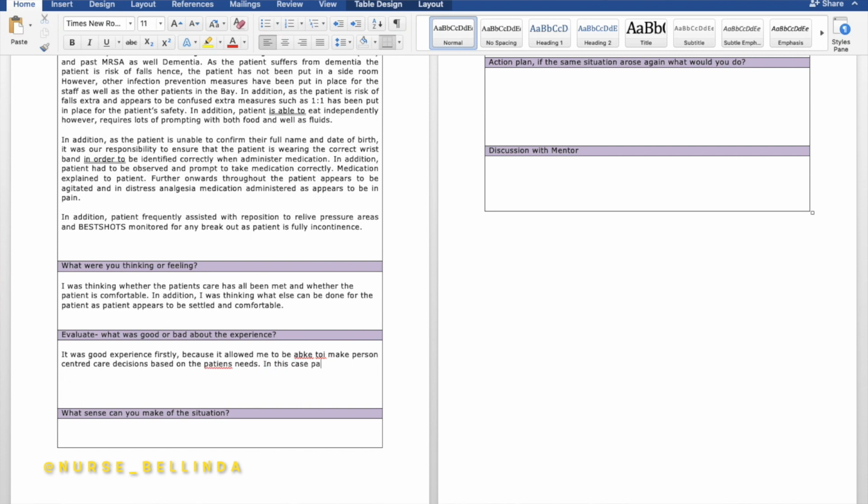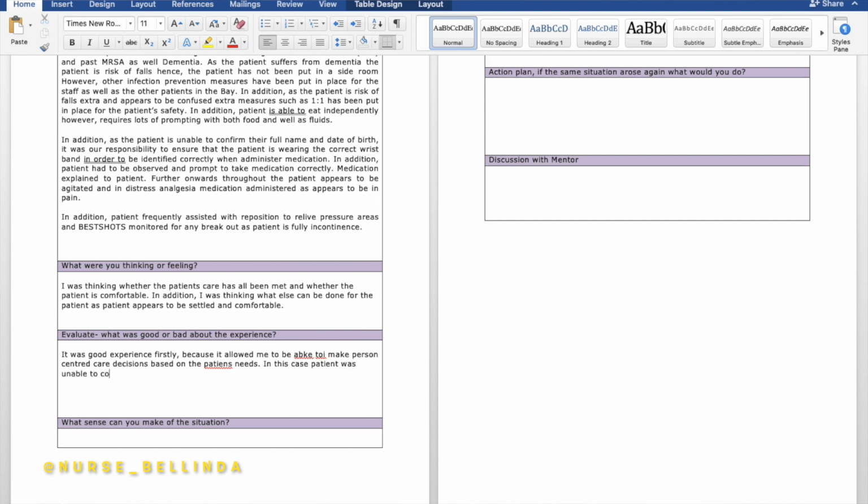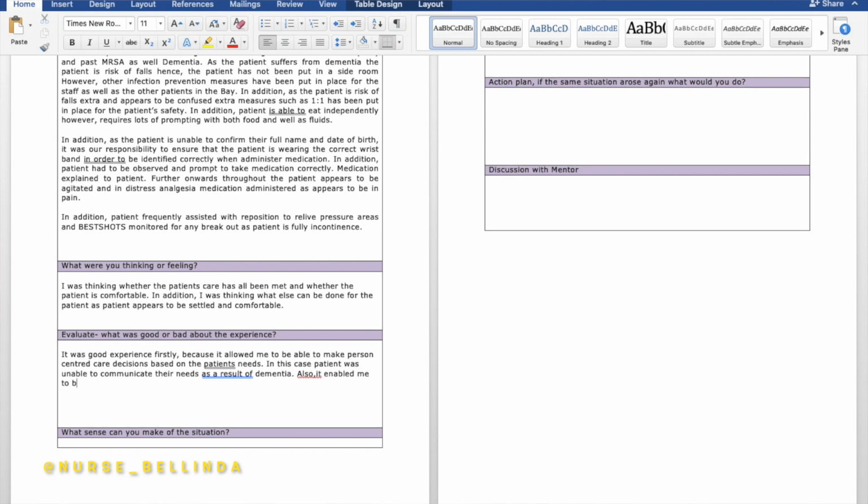In this case, the patient was unable to communicate their needs as a result of dementia. Also, it enabled me to be observant of the patient's change of needs.